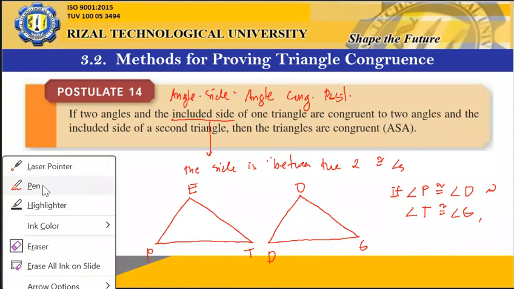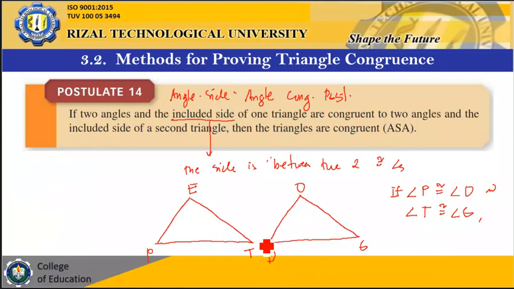So what side is included between angles P and D and angles T and G? Okay, it is segment PT, which is congruent to segment DG. Then we can say that triangle PET is congruent to triangle DOG by the ASA congruence postulate.